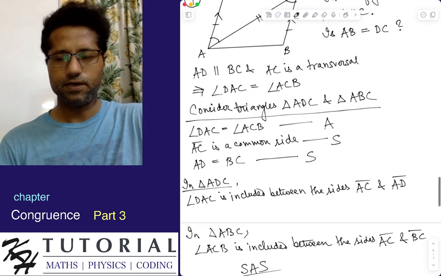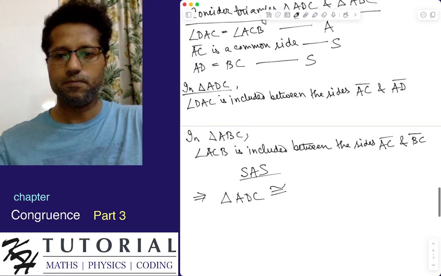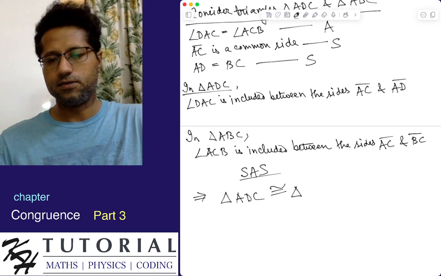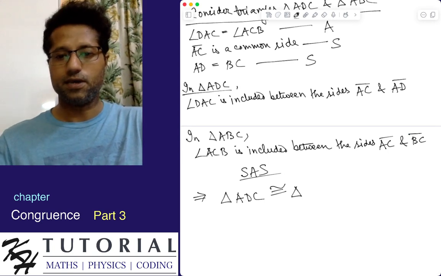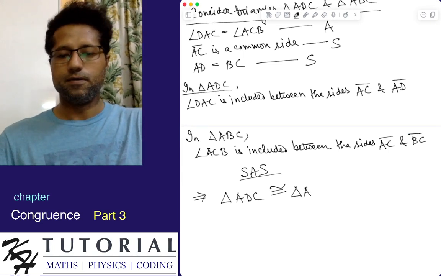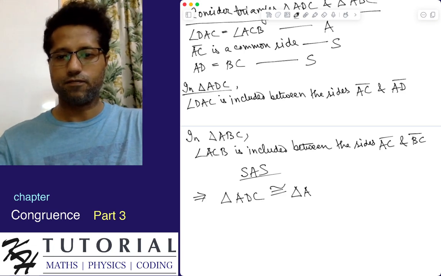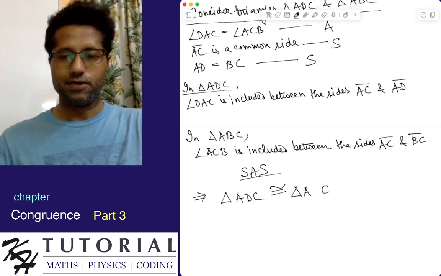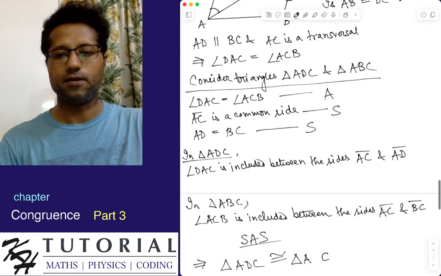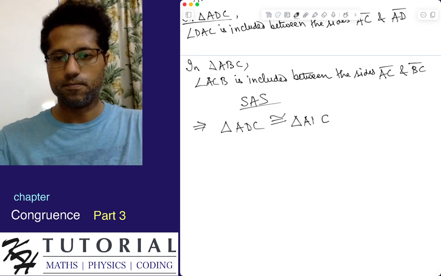Obviously, we can see two common vertices A and C. Vertex A of triangle ADC will map to vertex A of triangle ABC. Also, vertex C of triangle ADC will map with vertex C of triangle ABC. So the vertex D of triangle ADC has to map with the vertex B of triangle ABC, and we get triangle ADC is congruent to triangle ABC.